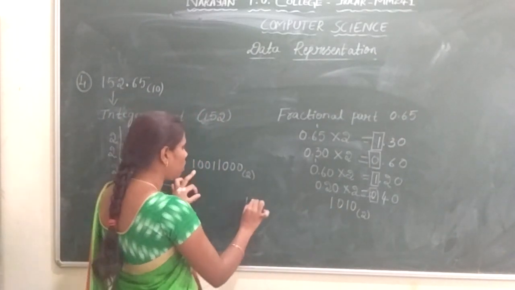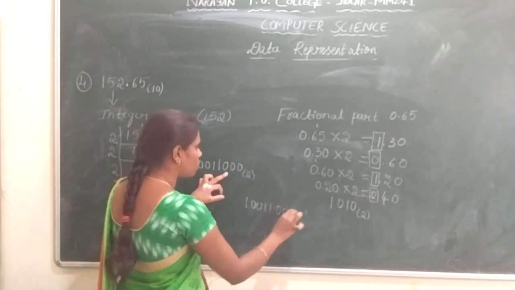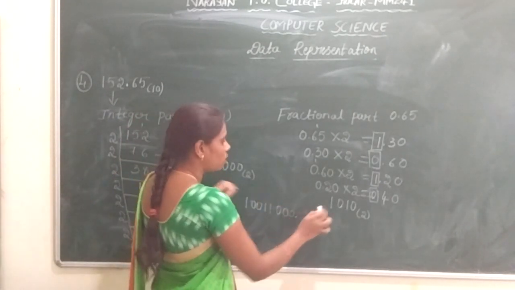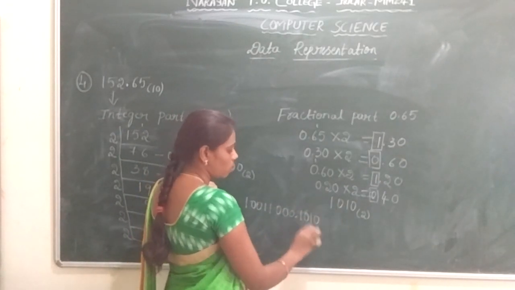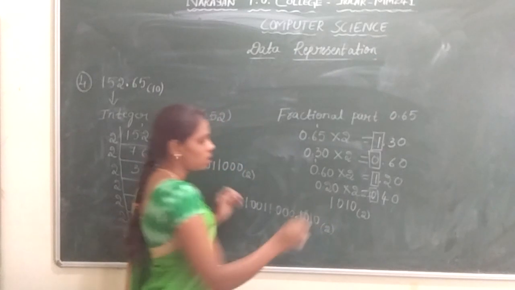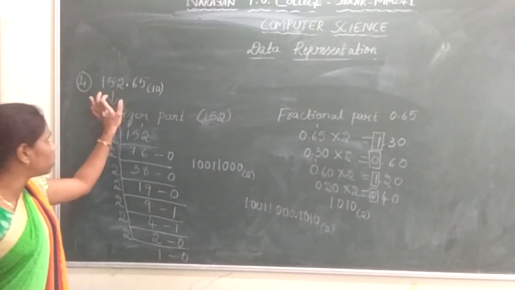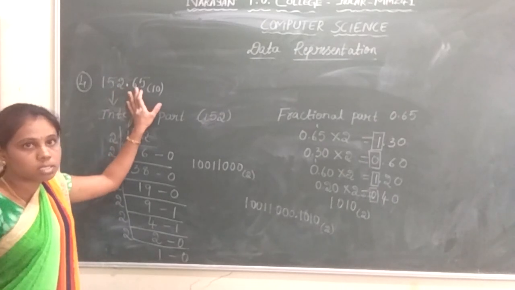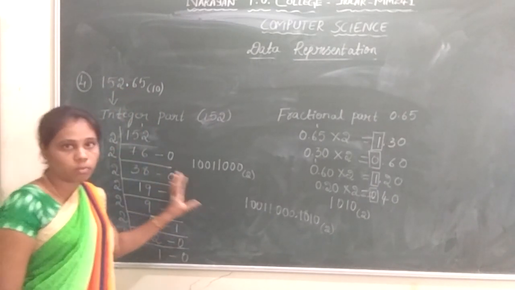So that is 1, 0, 1, 1, 0, 0, 0, point, and the fractional value is 1, 0, 1, 0. This is the binary equivalent value for the given decimal fractional value, that is 152.65.